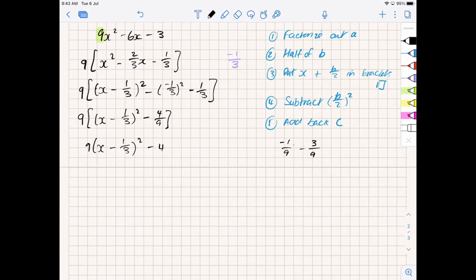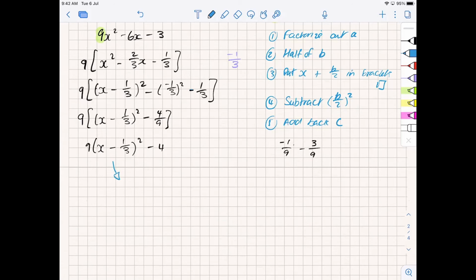Right, how can I deal with this 9 in the front here? What can I do? The way I'm going to show you this is I'm going to take that bracket. We're just going to look at this separately for a second.